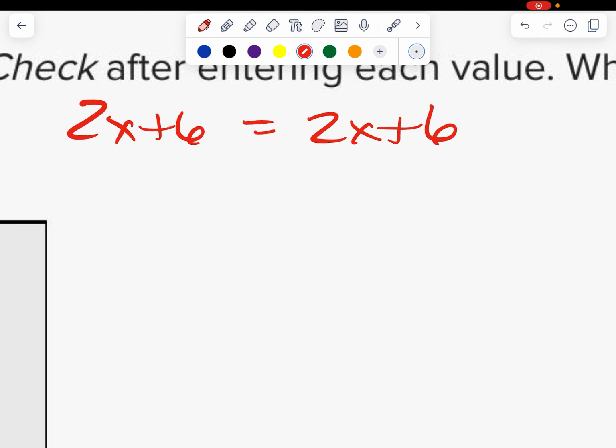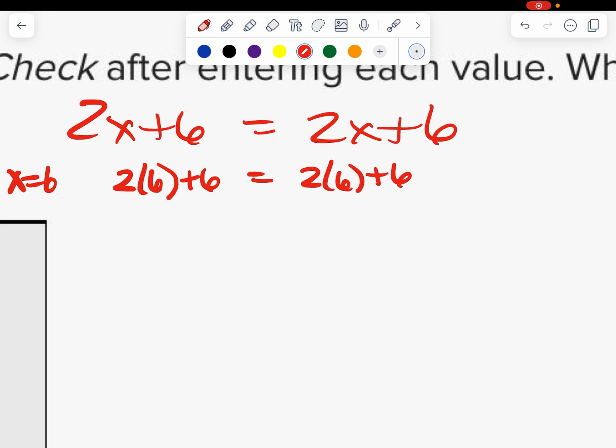Okay, let's say we're going to pick x equals 6. 2 times 6 plus 6 equals 2 times 6 plus 6. 12 plus 6. Look at this. Do you notice something? Look at that.